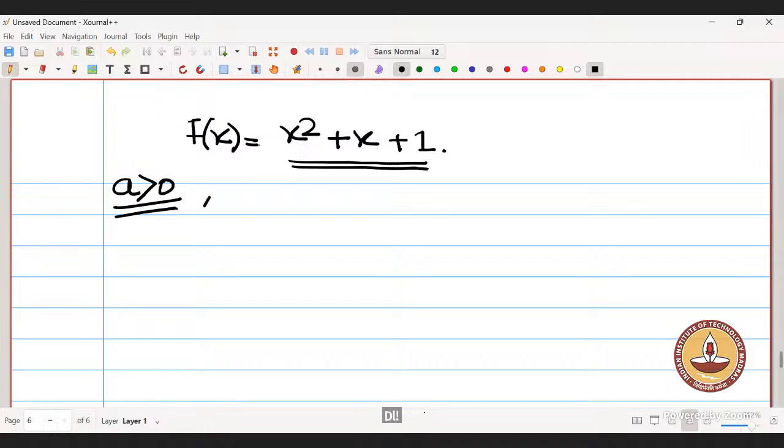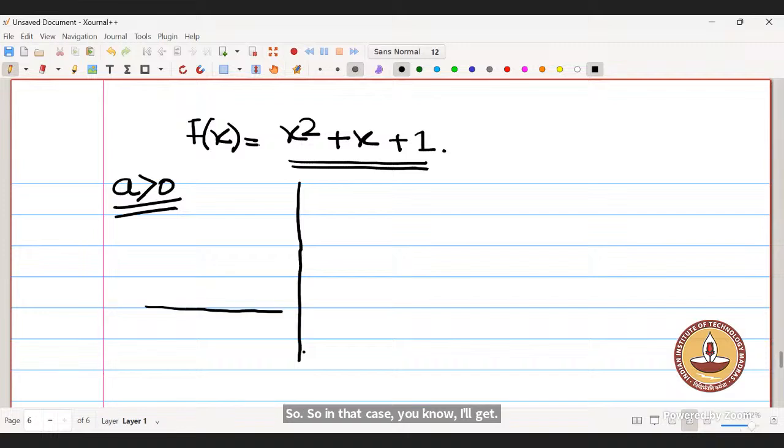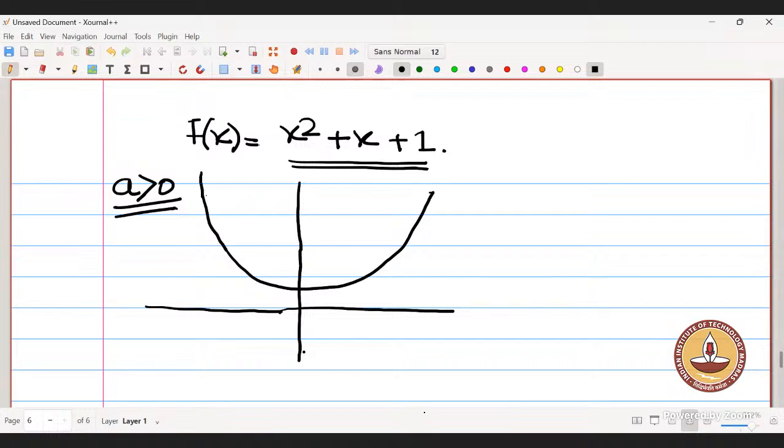So in that case, I'll get a parabola like this, right?